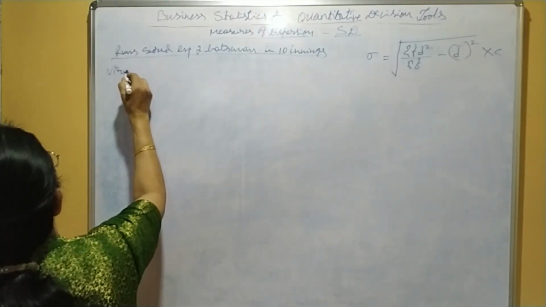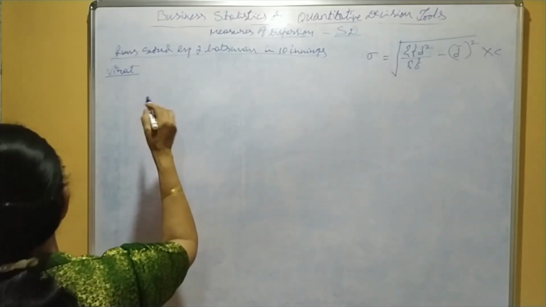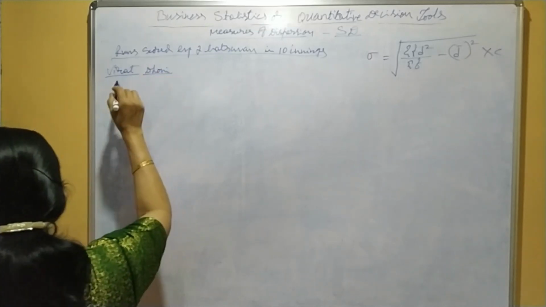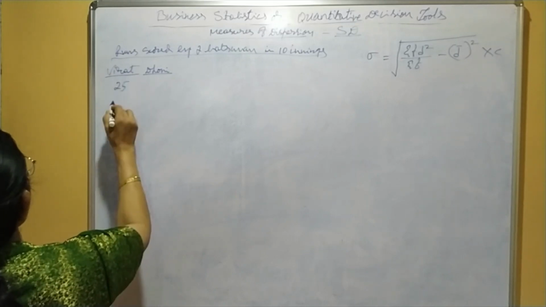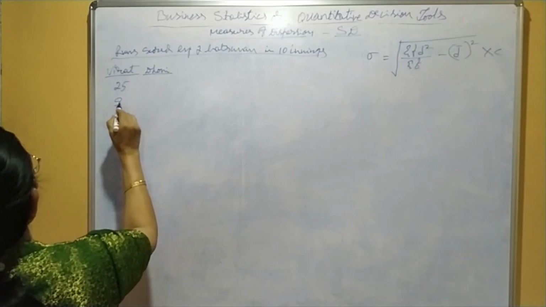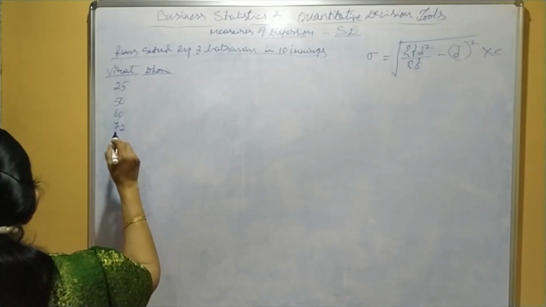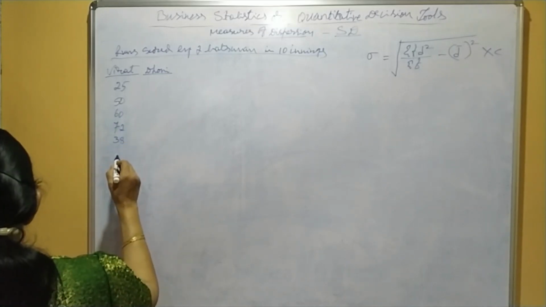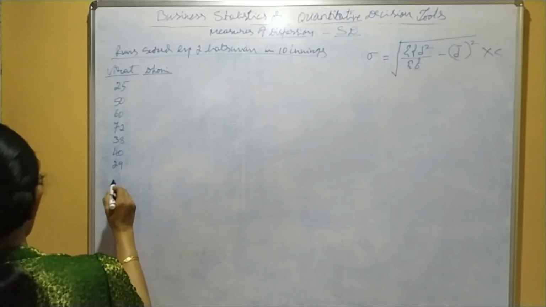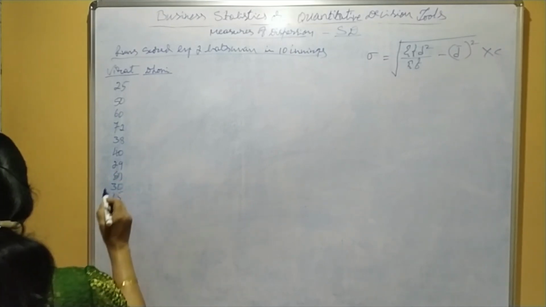Here it is given the scores of 2 batsmen in 10 innings. One is Virat and another one is Dhoni. Okay, here it is 25, 40, 50, 60, 72, 38, 40, 29, 81, 30, 15.